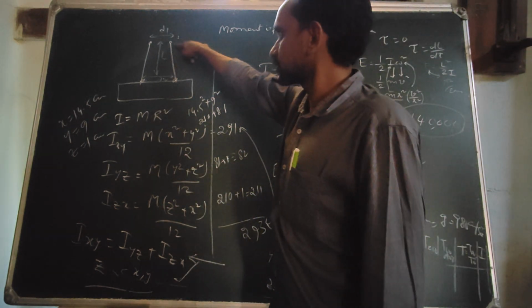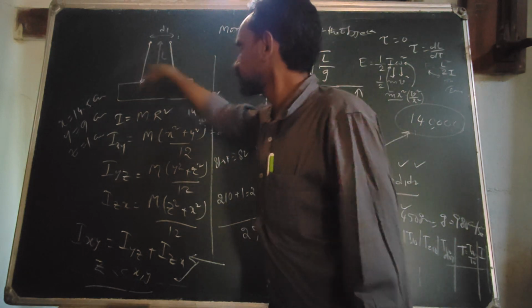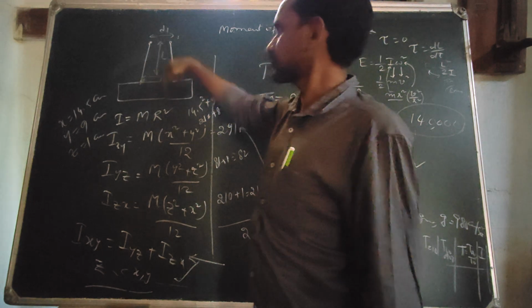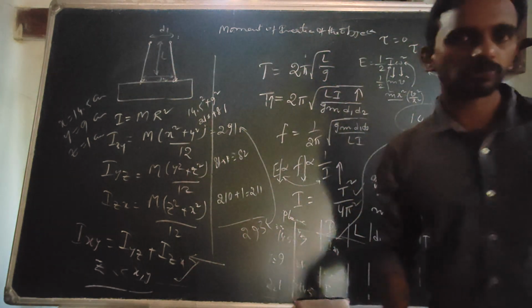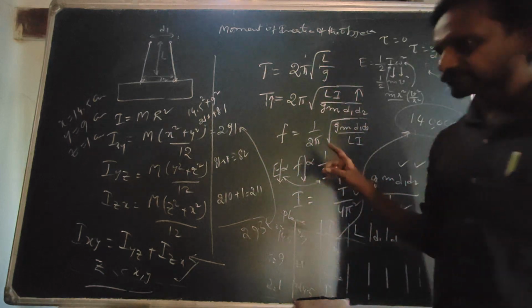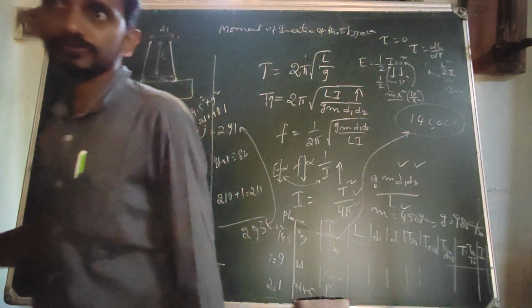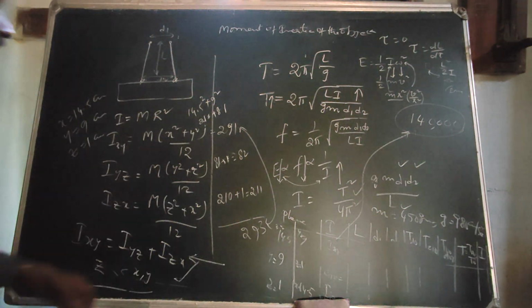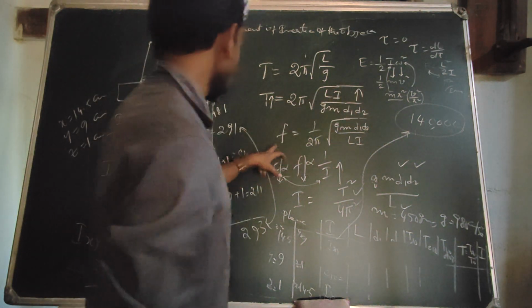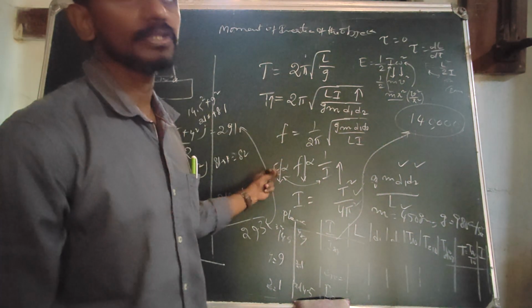So since these 2 strings are slant, you cannot measure the length of the string, you have to measure the vertical distance from top suspension to bottom suspension. And here one important observation is this energy. So if you see the equation, time period is proportional to moment of inertia. In other words, frequency.